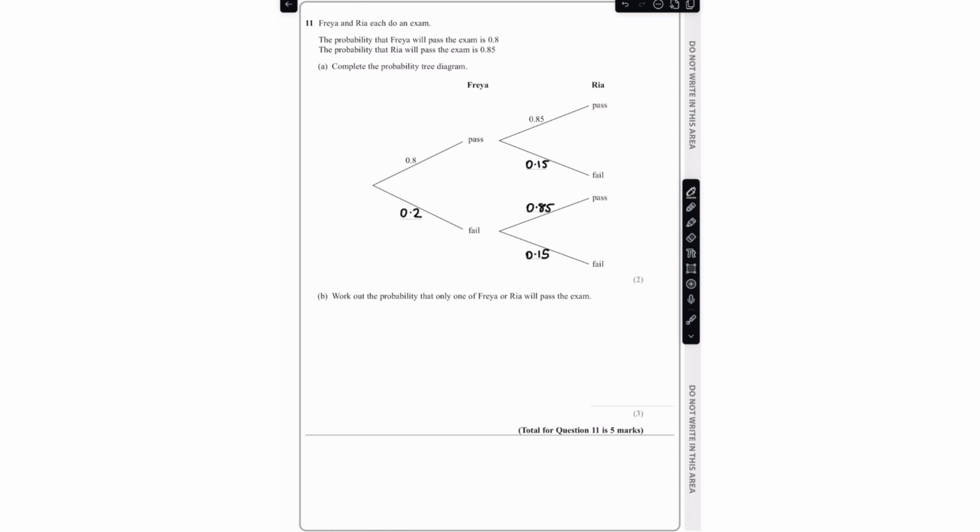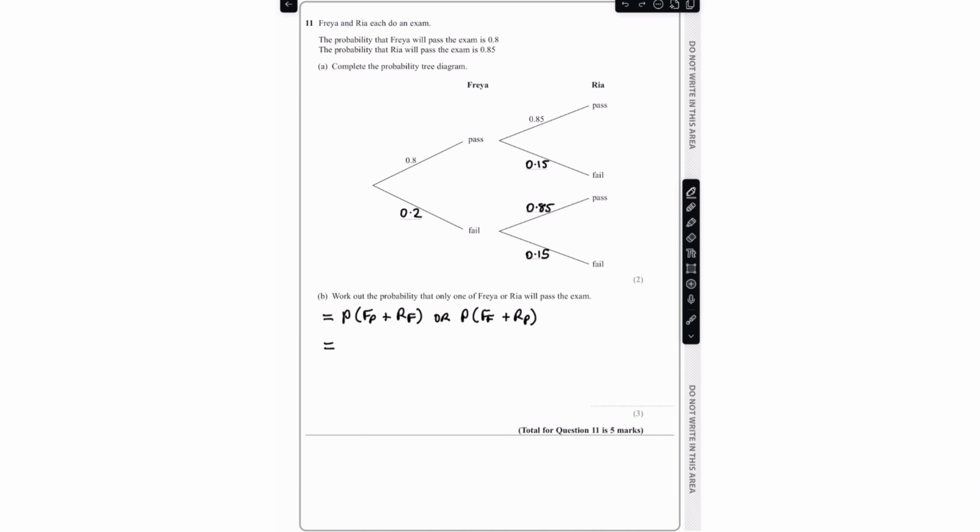In the second and final part of this question, we are told to work out the probability that only one of Freya or Ria will pass the exam. So that means either of them will pass the exam. So what we need to do is consider two cases. We need to consider the probability that Freya will pass and Ria will fail, or the probability that Freya will fail and Ria will pass.